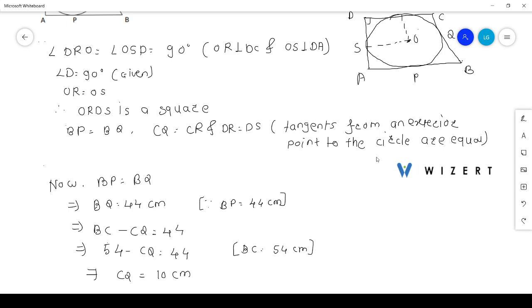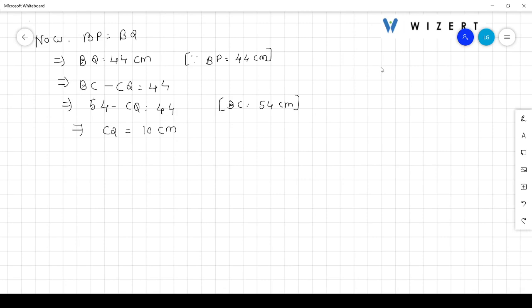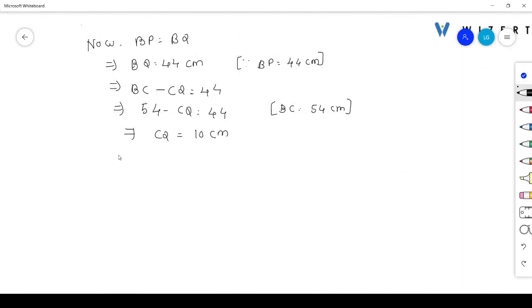So here, CR equals 10 centimeters because CR equals CQ.